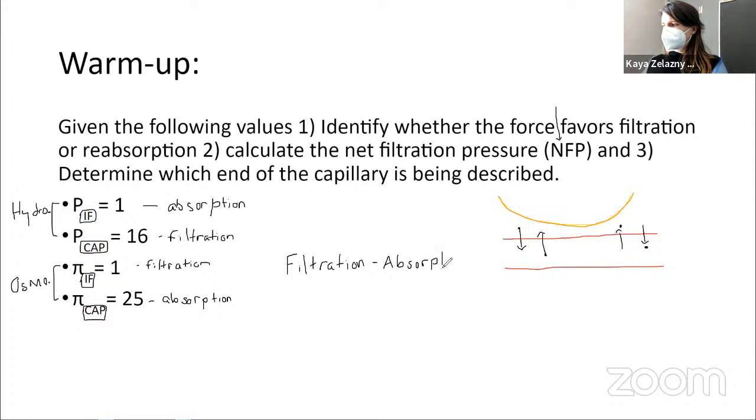Okay. And because this comes second, because these are what we're subtracting, that means that if we get a negative number for our NFP, overall we're having absorption happening. Overall, we're having fluid go into the capillary. Okay, so positive is filtration, negative is absorption.